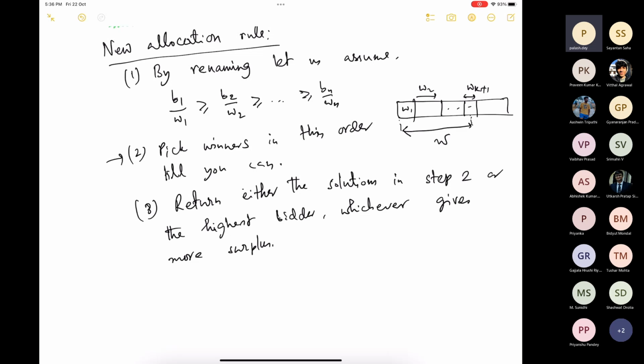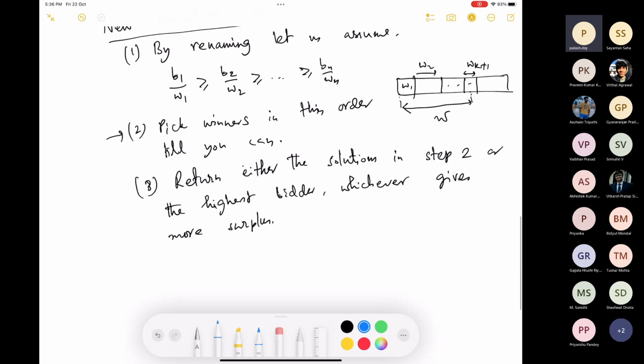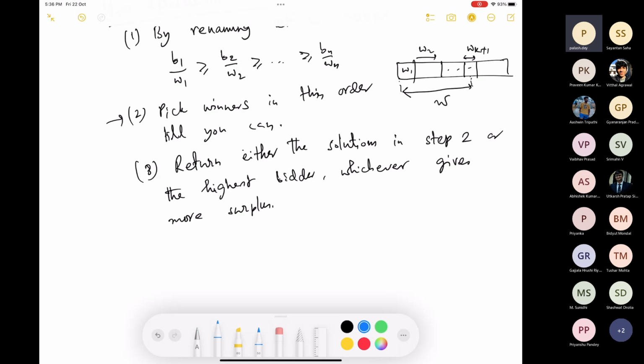What does that mean? Suppose, what is the surplus in the second step? Let me write here. If you pick the solution in the second step, then the surplus is b1 plus up to bk, because you are picking items till the kth item.